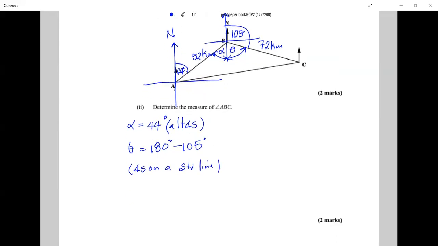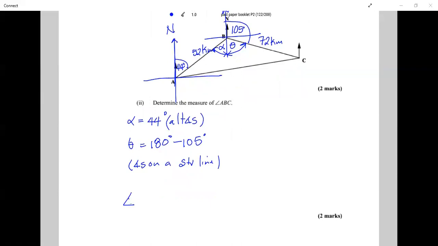And so angle ABC would be equal to 44 plus, this is 75, plus 75 degrees. And so this angle here would be equal to 115?